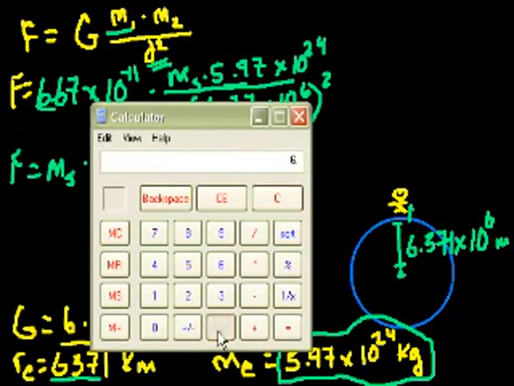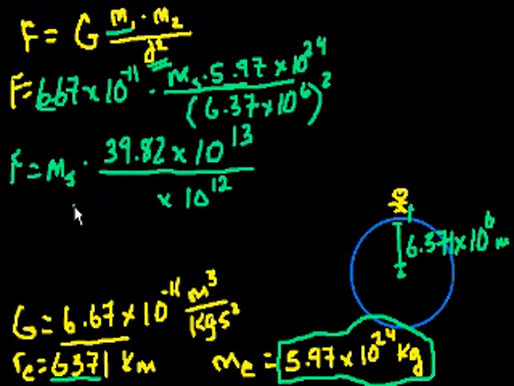So let's figure out what 6.37 squared is. This little calculator I have doesn't have squared, so I have to do 6.37 times 6.37. It's 40.58.